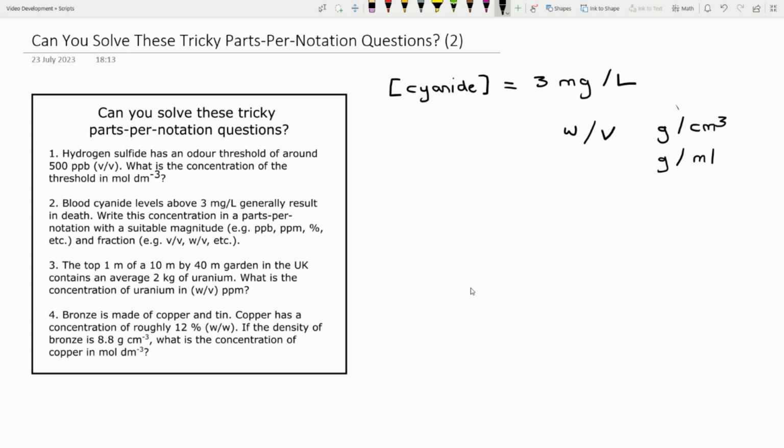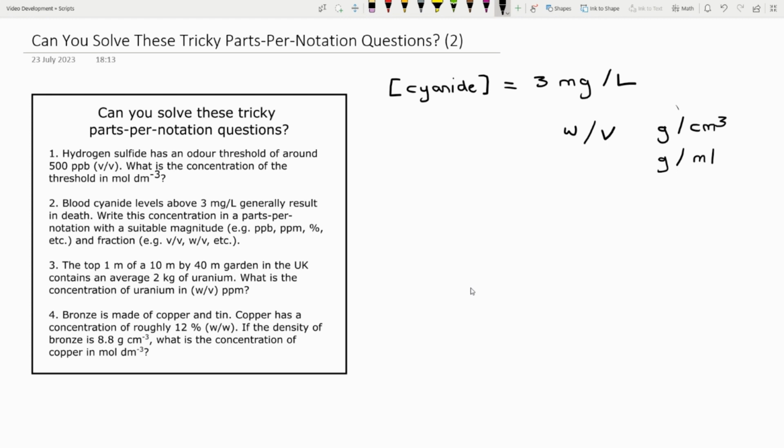So the first thing we need to do is convert the milligrams to grams. If we have 3 milligrams in a litre, and we want to find the equivalent amount of grams in a litre, we're going to have fewer grams than milligrams because gram is a bigger unit.